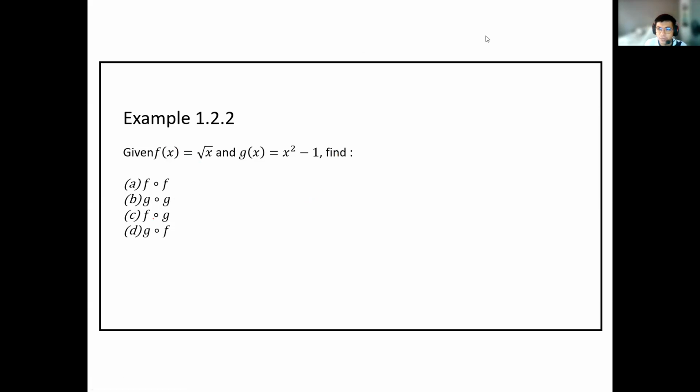So let's try to answer letter A first. Letter A would be the f of f, meaning in other terms, f of f of x.